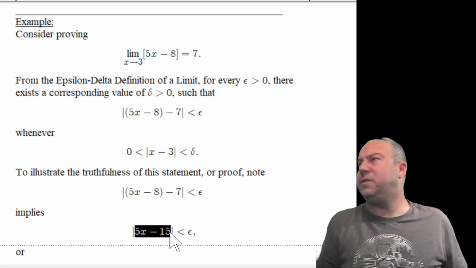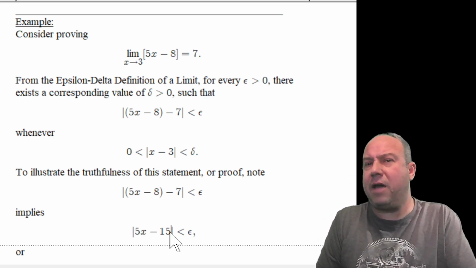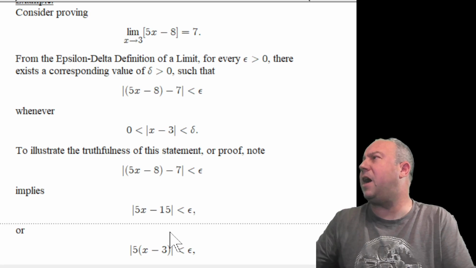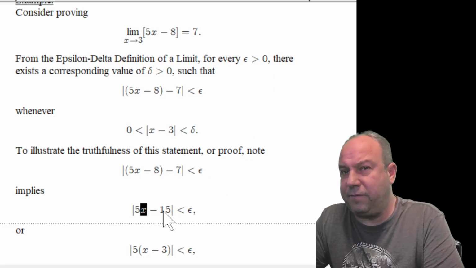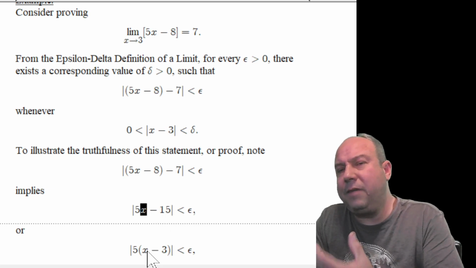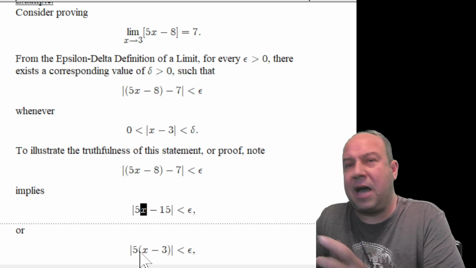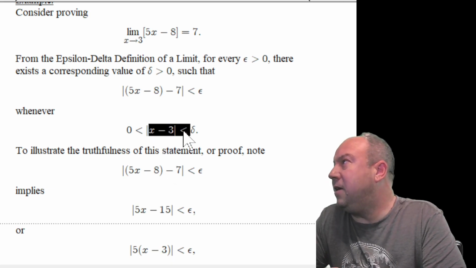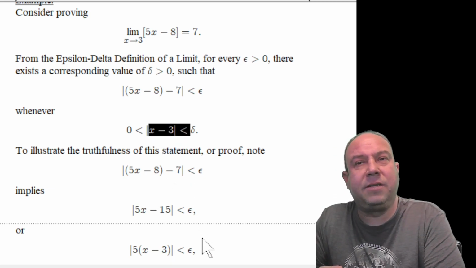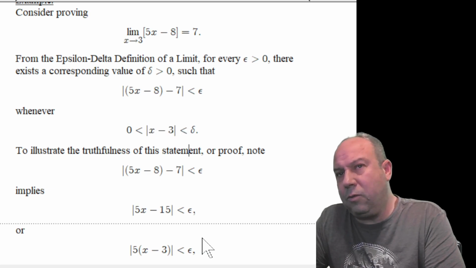Where you might notice inside 5x minus 15, you do have a constant multiple of 5. And you could factor that out of both terms, 5x and 15, and that'll leave the group x minus 3 times 5. Now notice that x minus 3 is the x minus 3 seen up here in the delta statement. We're following with some properties of absolute values.